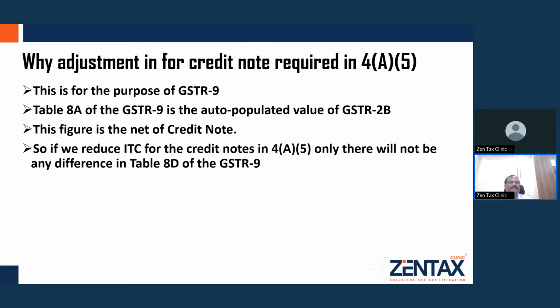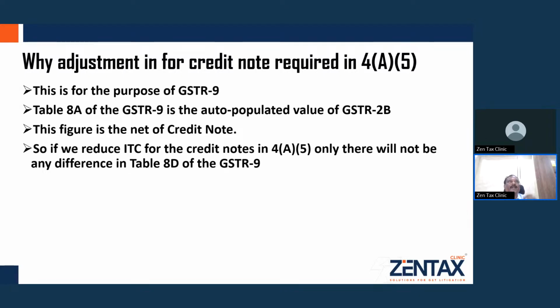So what is populated in 8A is the amount net of credit notes. The amount populated from 2B is compared and then the difference is arrived at. So the amount that you have taken in GSTR 2B and the amount auto-populated in table 8A are compared, and then any difference is arrived at.